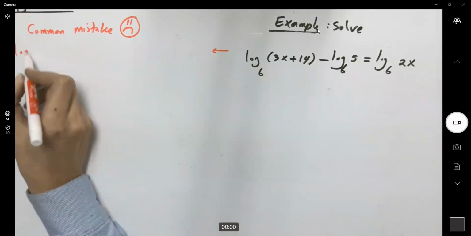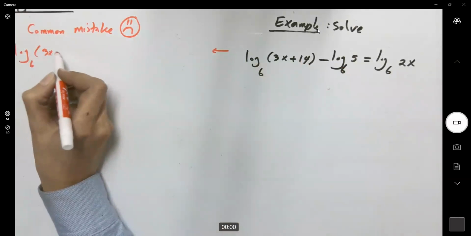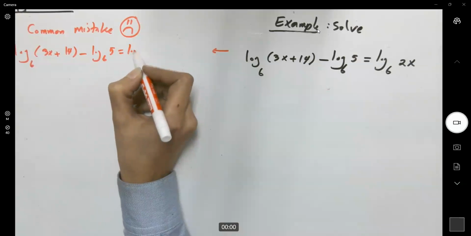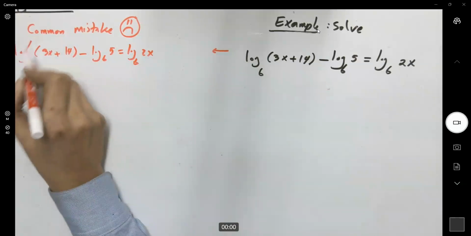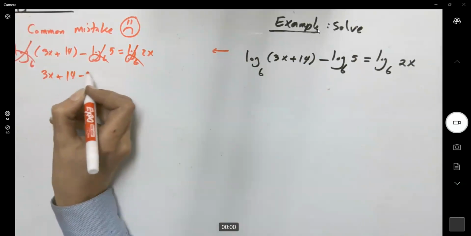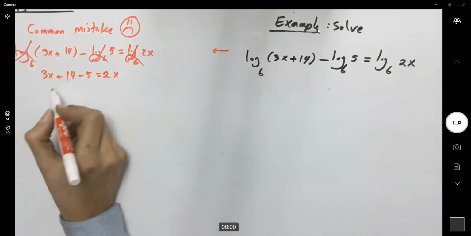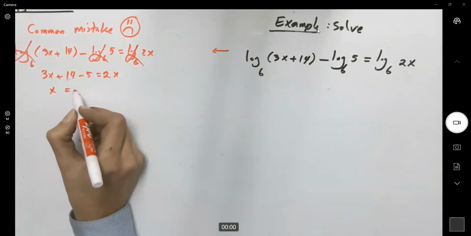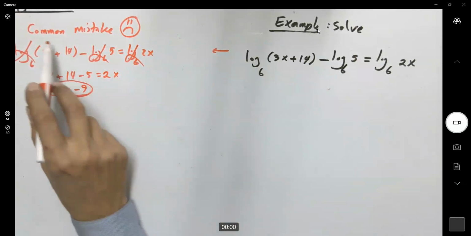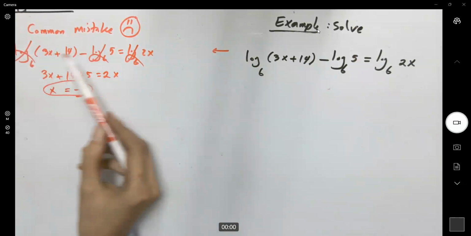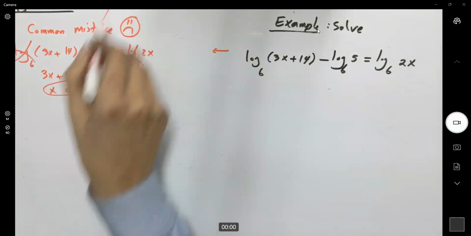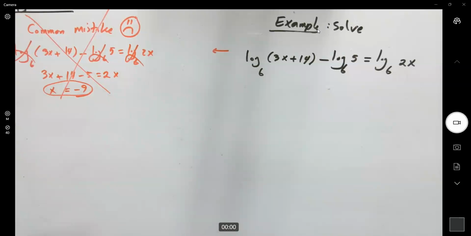They say, log base 6 of 3x plus 14 minus log base 6 of 5 equals log base 6 of 2x, so I can cancel out the logs, and I have 3x plus 14 minus 5 equals 2x, then bring this to the other side, and x is equal to negative 9. This is my solution. Guys, it's a common mistake. If you have 3 logs, you cannot cancel them out. It's a no-no. Well, what should we do then?